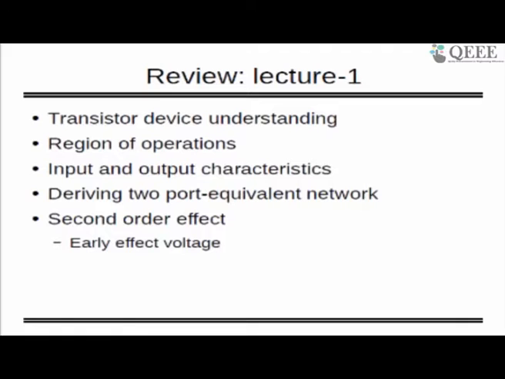However, when you look at the actual thing, the second order effect, there is some slope in the active mode of operation, and that is the effect called the early effect. If you extend that slope to the negative side of the x-axis, it will give you a voltage called VA, and that VA voltage is known as the early voltage.